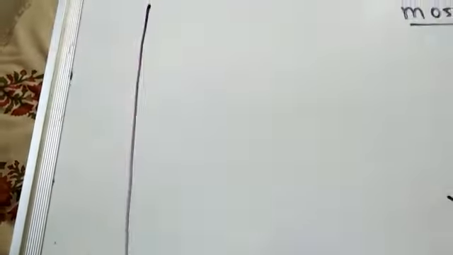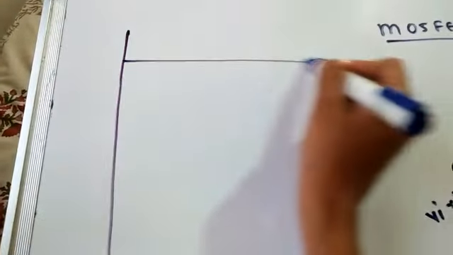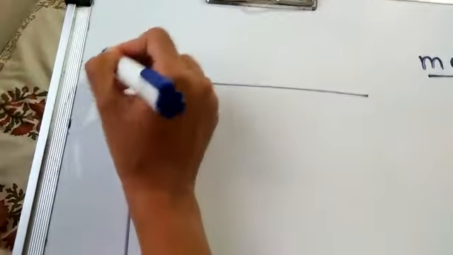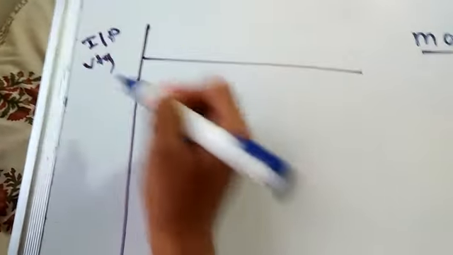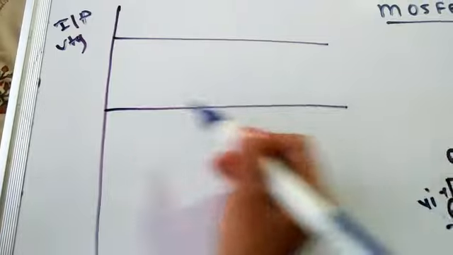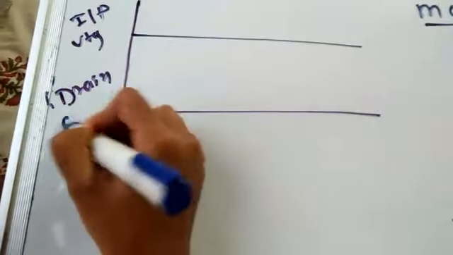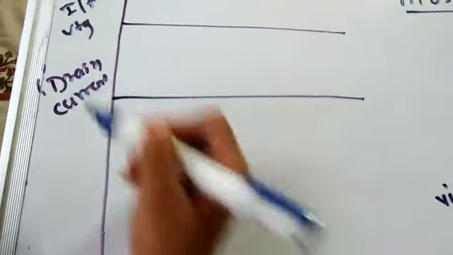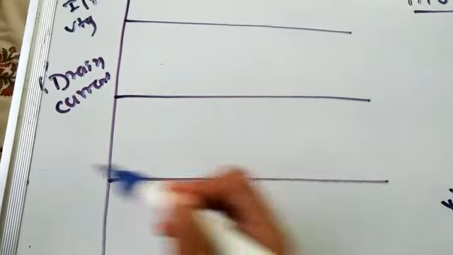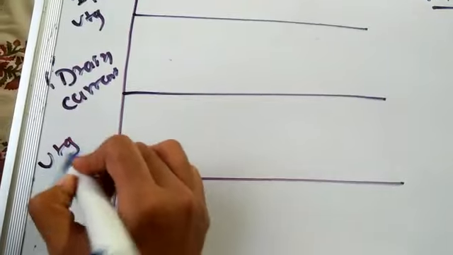These are the waveforms. The first waveform is of the input voltage. The second waveform is for the drain current, ID. The third waveform is for the voltage drop across RD.